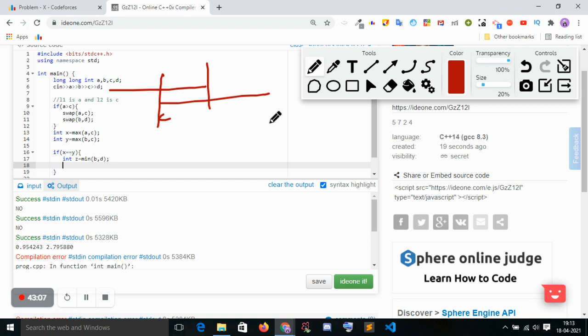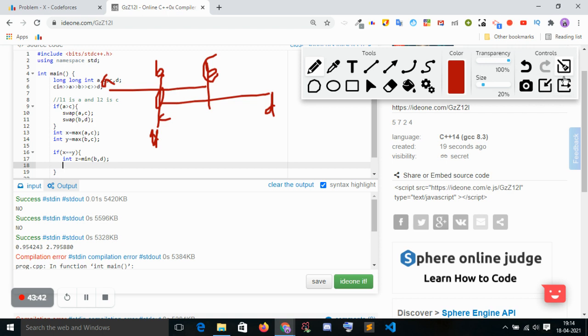Here's C comma D and A comma B. I'll take the maximum of A comma C, which is C, and the maximum of B comma C, which is B. If it is equal, that means B is here. So x equal y, it can be the midpoint of the two points. So this is the meeting point.